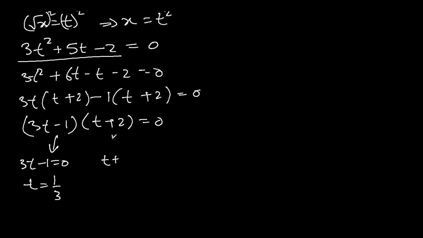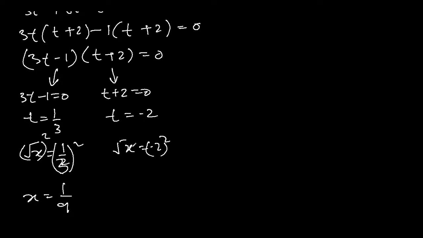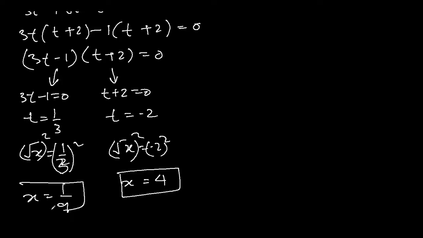This second part gives t plus 2 equal to 0, where t is minus 2. But if you remember, our assumption was that square root x is t. So we'll go back to square root x and square both sides. This gives us x equal to 1 over 9 positive. And if I write square root x equal to minus 2 and then square both sides, this gives us x equal to 4. These are the two answers.